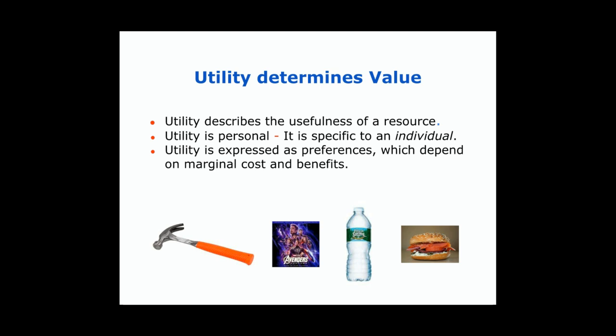We're making valuations of the different possible choices, and we're doing so in a way that will hopefully maximize our utility. Utility refers to the usefulness of a choice, the usefulness of a resource or a good or a service involved in a choice. And this concept of utility is specific to an individual. It's personal. It's based on subjective values, and ultimately on our preferences.